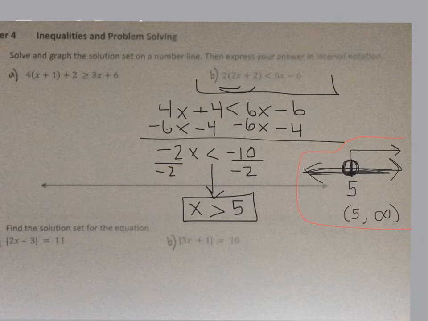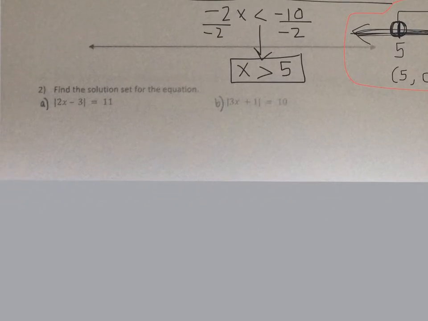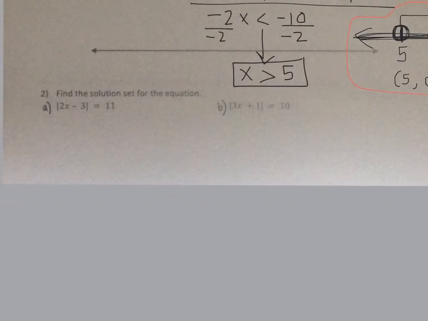Alright, the next question that we're going to take a look at is question 2, part B. The absolute value of 3x plus 1 is equal to 10. If I'm going to solve this, I'll use a different color for this problem.